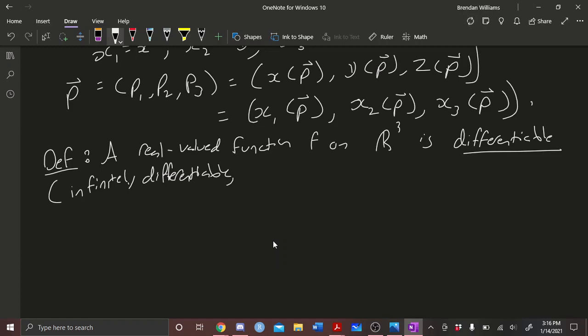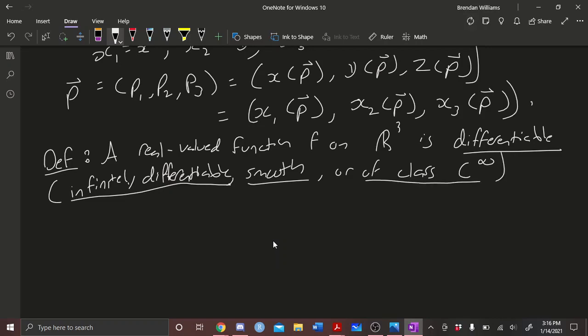You can say it's smooth. And that's the one I generally use when I'm just talking. Or of class C infinity. Or of class C infinity.